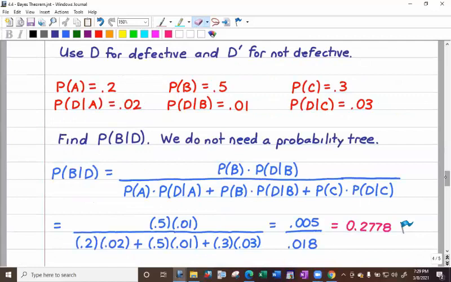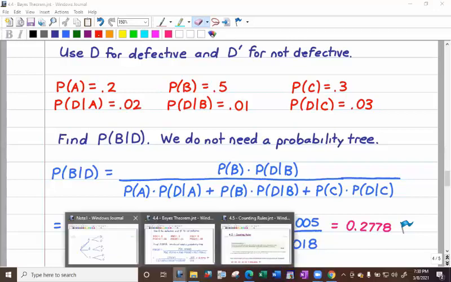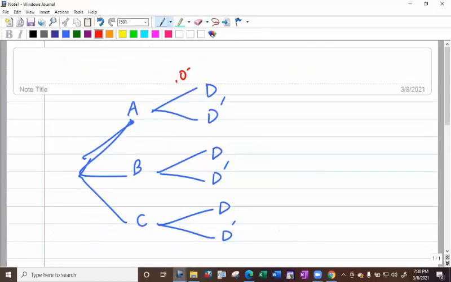So notice it doesn't give you the probabilities for being not defective. It gives you 0.02, 0.01, 0.03. Didn't give you the others.